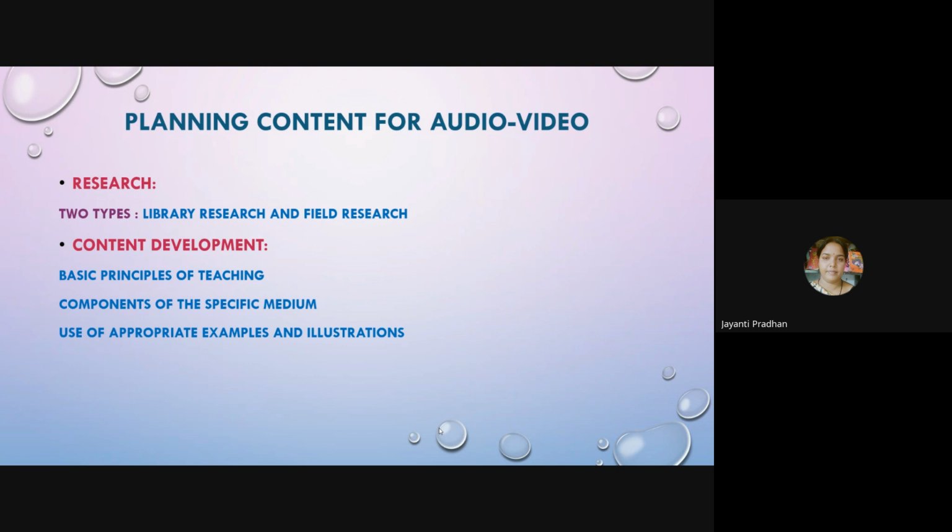Then use of appropriate examples and illustrations. When we are dealing in the class, we know that appropriate examples and illustrations clarify the doubts of the students and help them relate to daily life situations. So when we are planning content for audio and video also, we must select appropriate examples that should be delivered using audio video. Suppose from a school textbook I am taking one content, life processes.